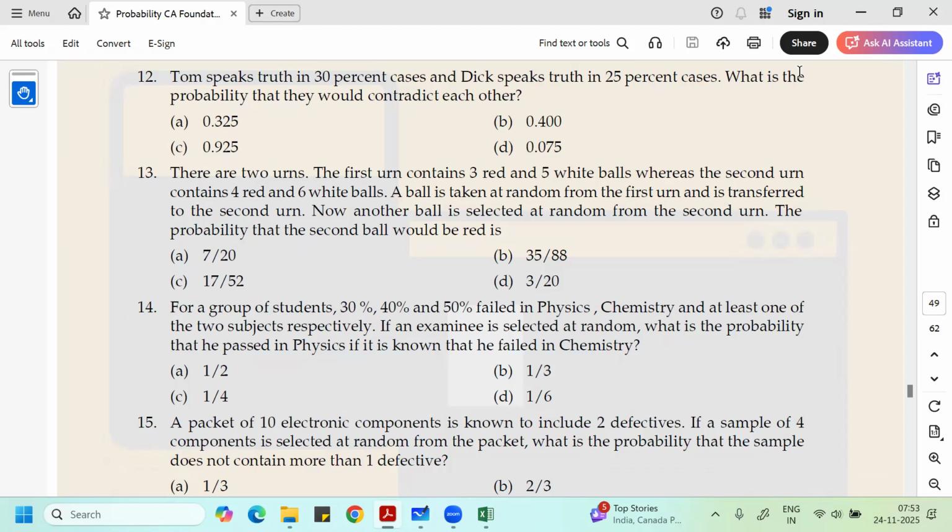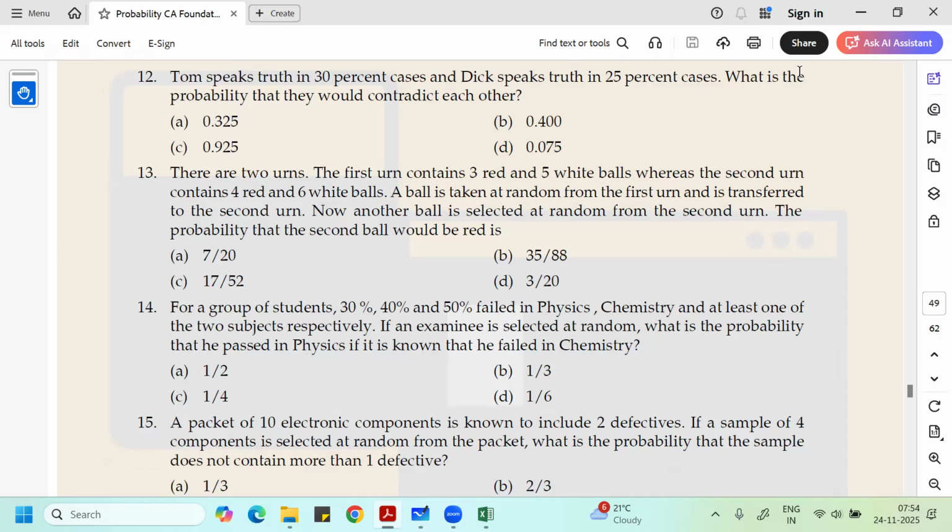So a ball is taken from urn 1 and transferred to urn 2. You take from urn 1 and you put into urn 2.